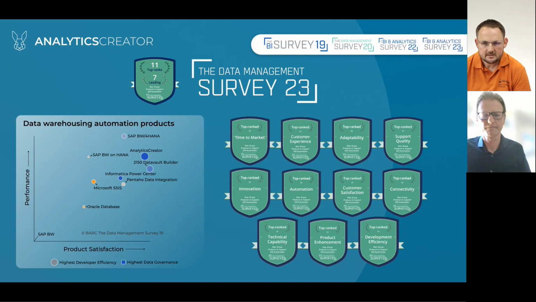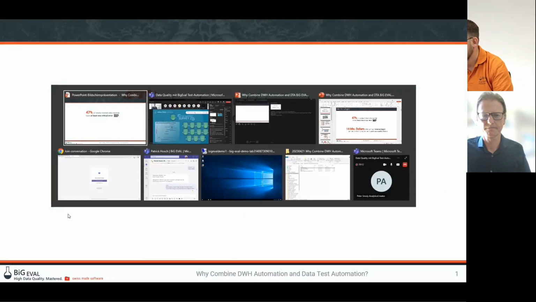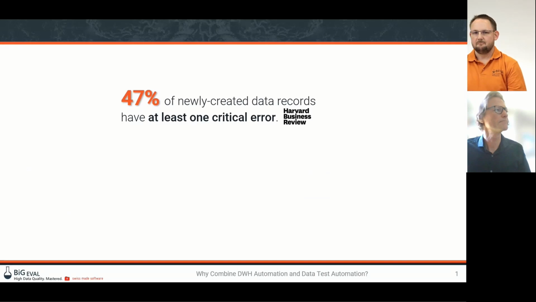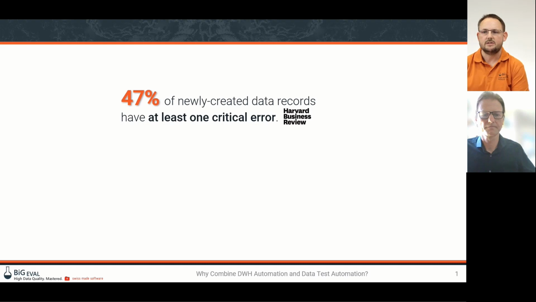I will share my screen and start with a very impressive number. I think maybe you have already seen this number before, and it says that nearly every second data record you have in your business application or within your files, that you get delivered from any external sources, contains at least one critical error.